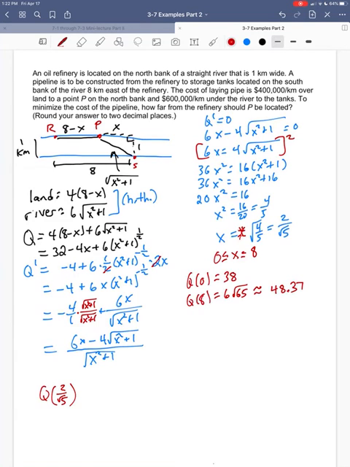And then I also need to look at q of 2 over the square root of 5. If I plug that into this q function up here, I get 32 minus 4 times 2 over the square root of 5 plus 6 times the square root of 2 over the square root of 5 squared plus 1.